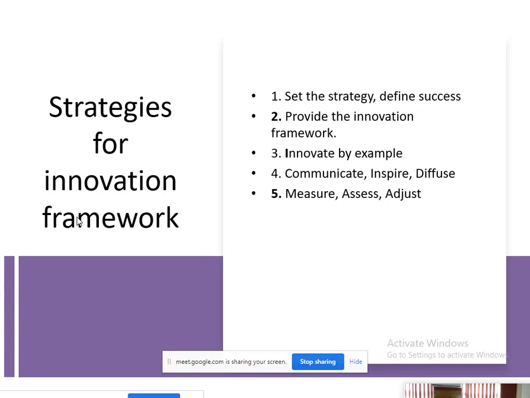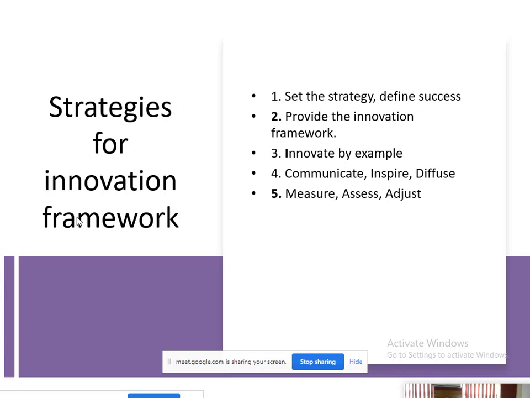That means whatever you do, you must communicate with others also, and you must spread your ideas to others, to other companies, and to outsiders, so that they can inspire themselves and we can inspire our team members also. Okay, and the next one is measure, assess, and then adjust.